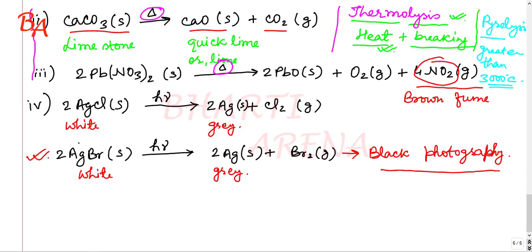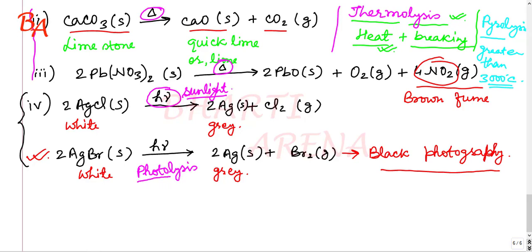In these two reactions, we see that the decomposition is going on due to the presence of sunlight. Since the decomposition is taking place in the presence of sunlight, these reactions are called photolysis.